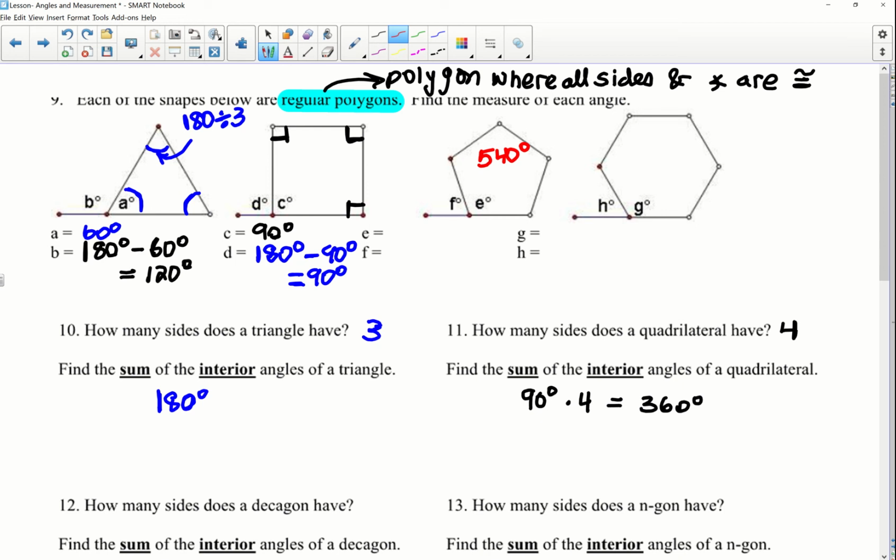Now, if I take 540 degrees and divide it by the 5 congruent angles here, I'm going to get a measure of 108. So 108 degrees. The exterior angle is going to be 180 minus that. So 72 degrees.